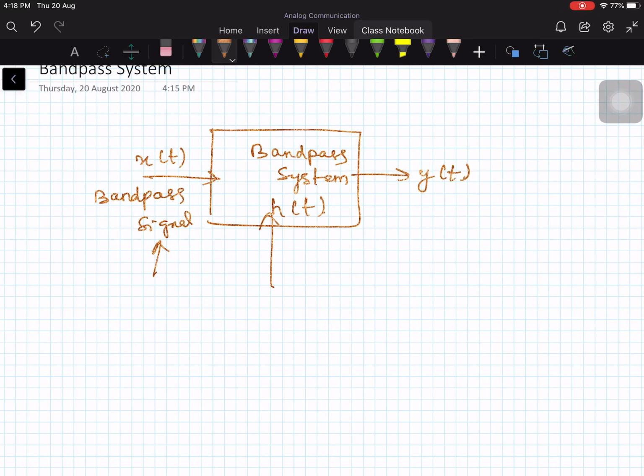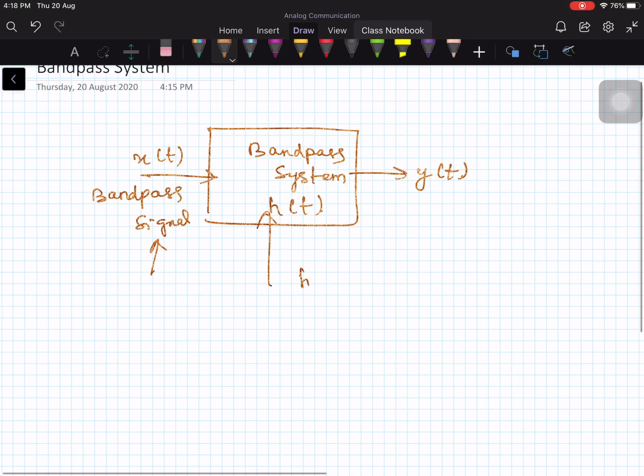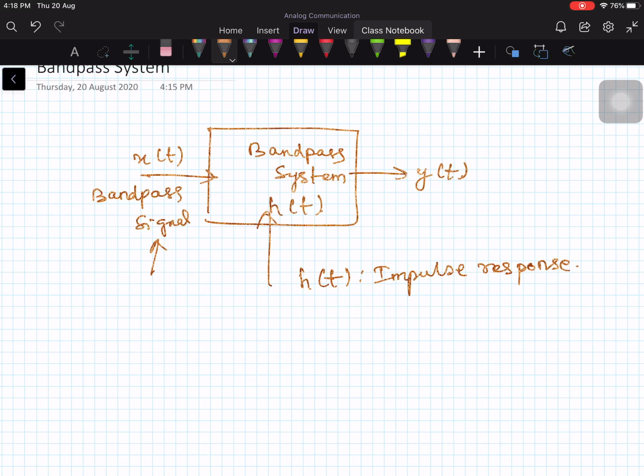Let's say the bandpass system has an impulse response h of t. You are feeding an input signal x of t, which is bandpass in nature. You are familiar with the bandpass filter, right? It will pass a certain set of frequency components in the neighborhood of some center frequency.